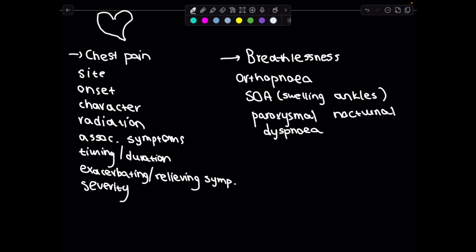Any recent changes? Family history. Any family with heart attacks, strokes, PAD, or sudden death before age 60? Genetic predisposition to vascular disease. Social history. Smoking, how much, how long? Quit when? Major PAD risk. Alcohol use.